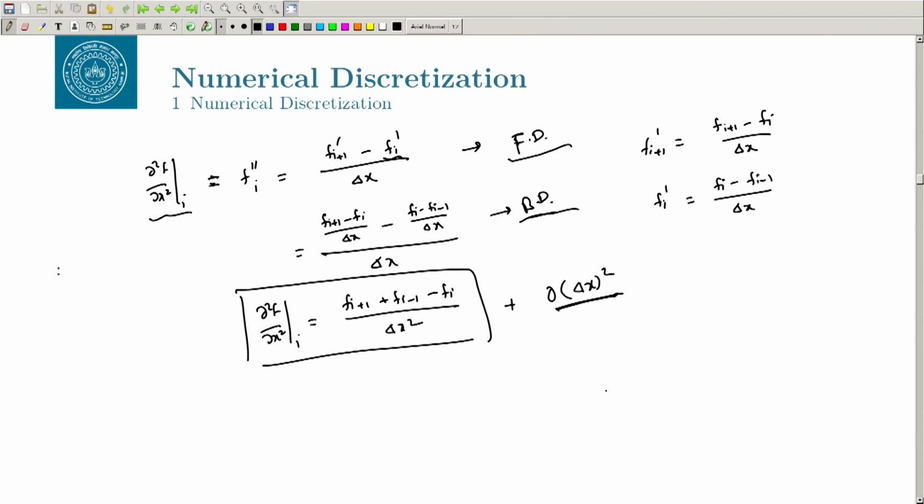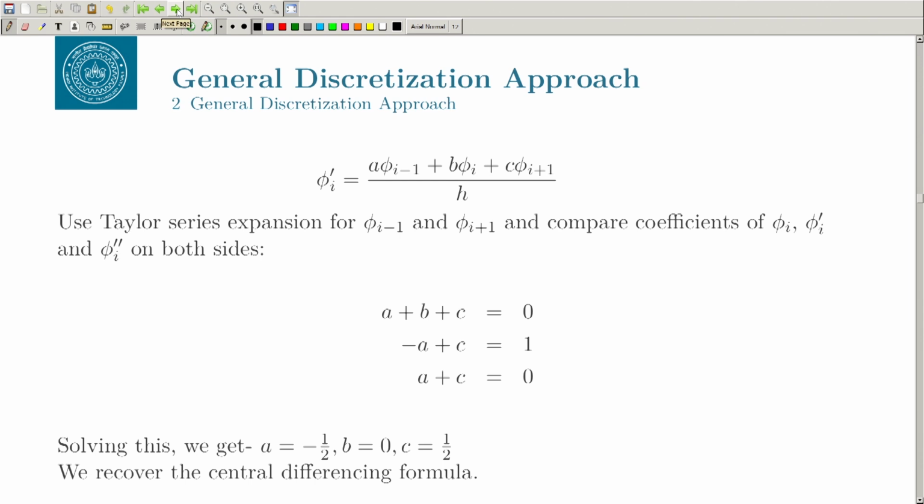You can also get del^q f by del x^q by using different Taylor series expansions. We will not get into those details, because the maximum derivative we need to calculate in the equations is the second order derivative.